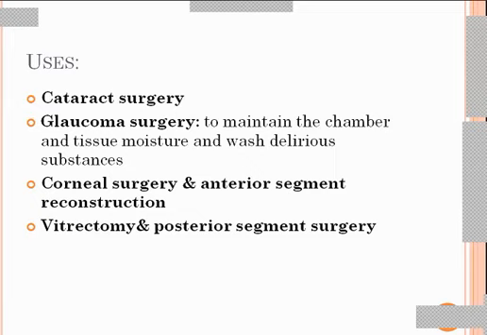So the anterior chamber volume will be maintained by giving intraocular solutions. And while doing vitrectomies and any surgery on the eye, intraocular or extraocular surgery like pterygium excision, we should use the irrigating solution to keep the cornea and other tissues moist, and maintain their functions and the integrity of the cornea.